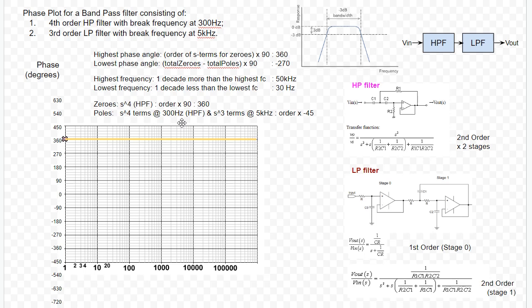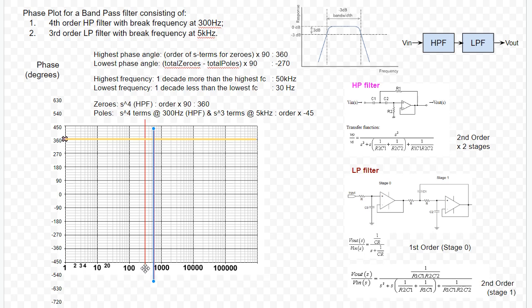So the way we do this is we first mark the frequency of 300 hertz. So I'm gonna put a mark here at 300. So that's 100, 200, 300. So that's 300. Then what we do is we mark a decade less and a decade more than that cutoff frequency.